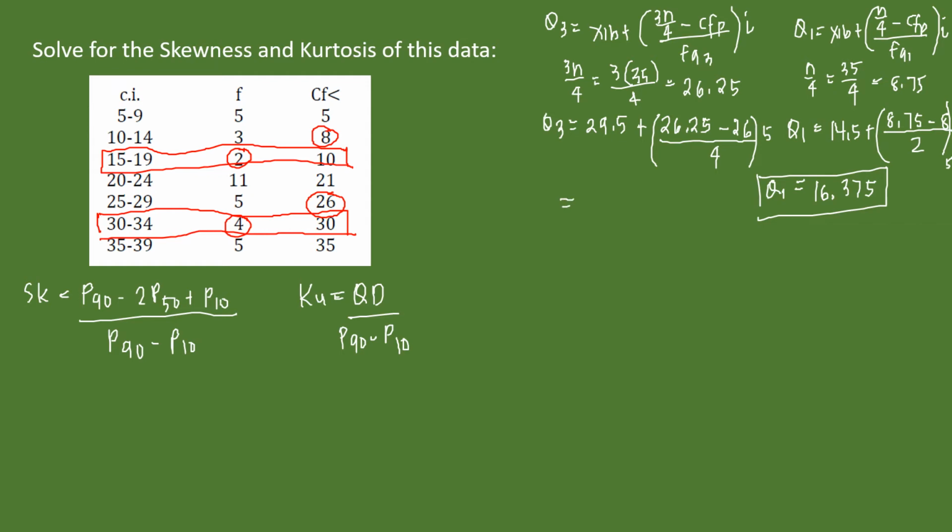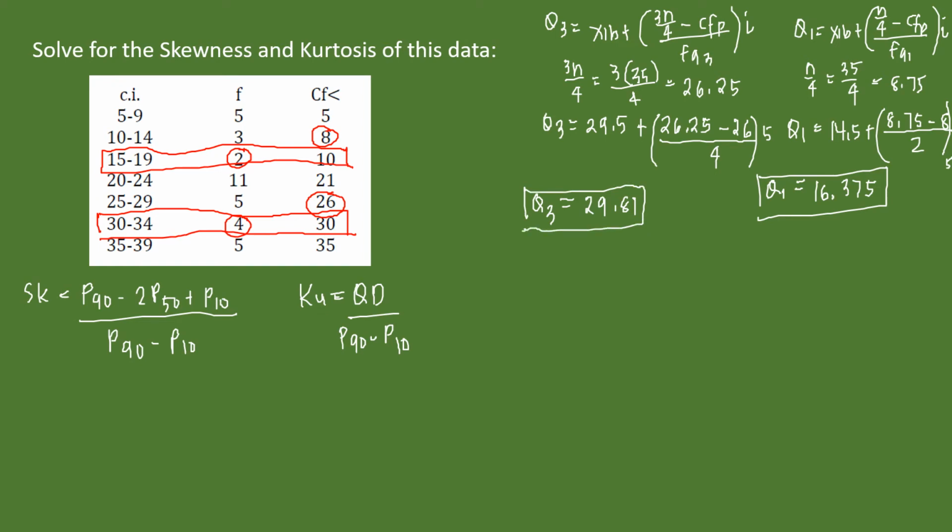So if we solve that again, we have 26.25 minus 26 divided by 4 times 5 plus 29.5, and that will give us 29.8125. Or if you want just 2 decimal places, it's 29.81 when we round off. Okay, so I think this one is correct already.